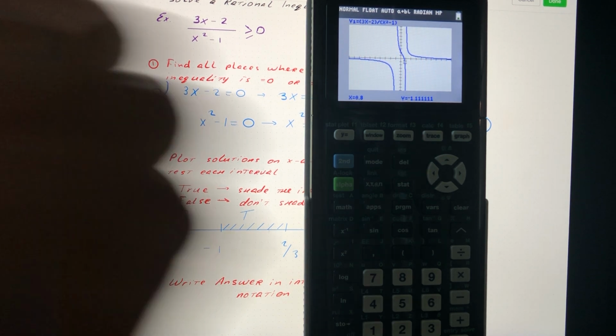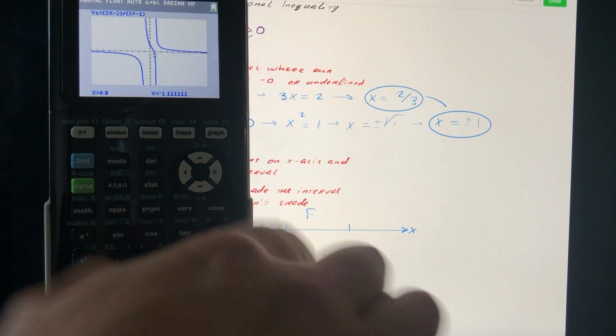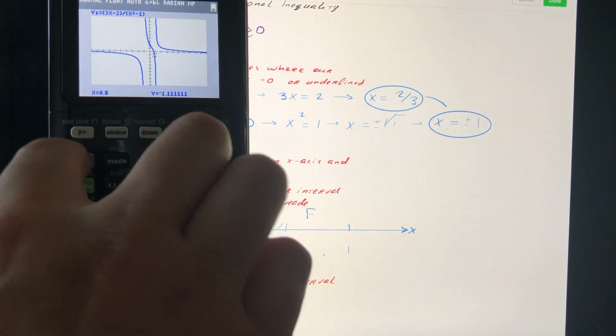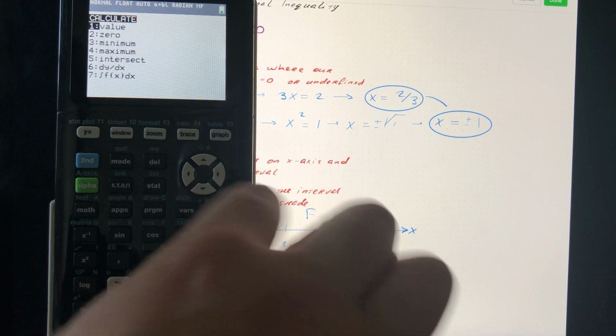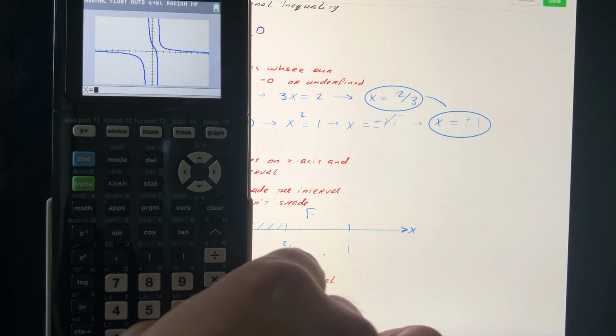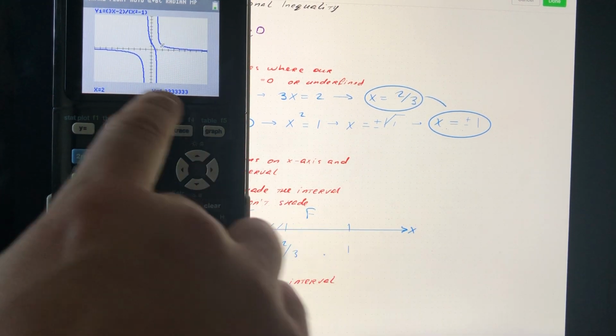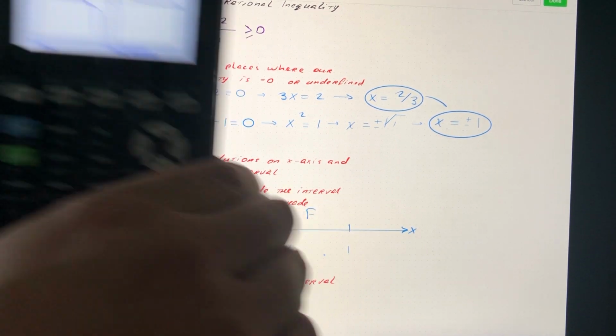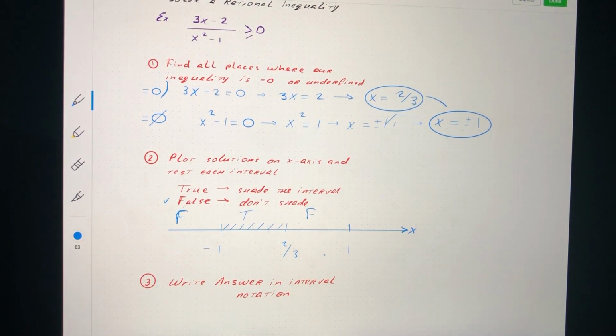So we are not going to shade that part of the interval. This piece is false. Last piece, anything bigger than 1. If we go to calculate and try 2 for the value, we get positive 1.3. Positive numbers are bigger than 0, which makes it true. So this is true, and that means anything above 1 is also part of our solution.